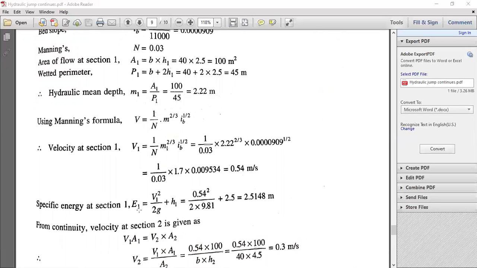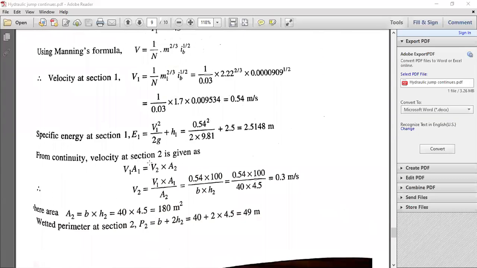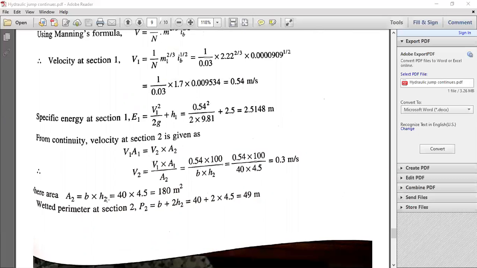So calculating E1 from the equation V1 square by 2g plus H1. From the continuity equation V1 A1 is equal to V2 A2, calculating V2 we get 0.3, whereas the area will be B into H2, so it will be 180. The wetted perimeter is B plus 2 times H2.